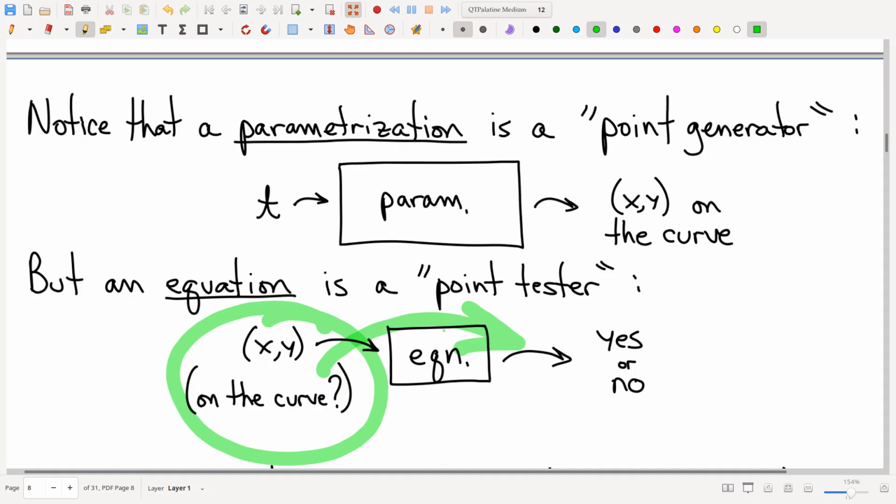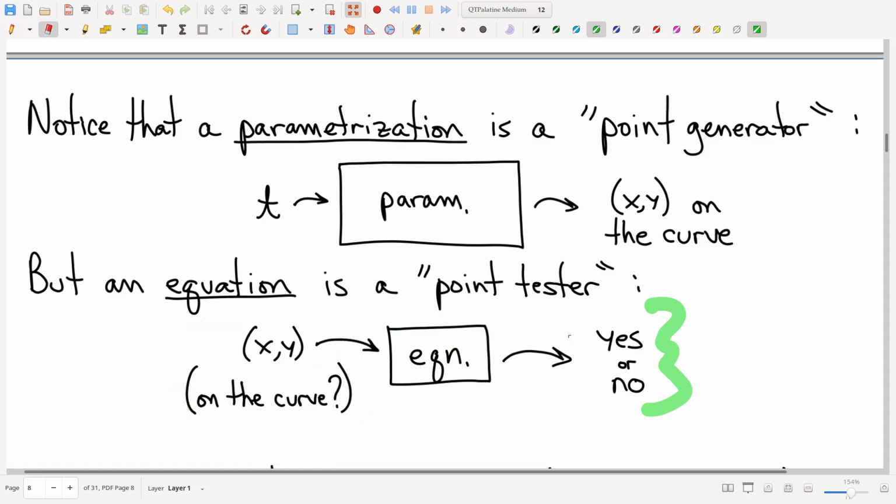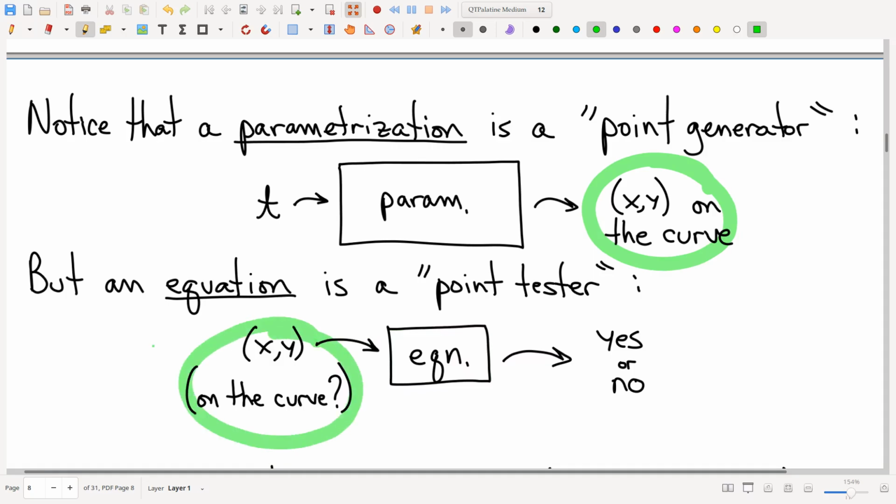It either does or it doesn't. If the equation works, then yes, that point's on the curve. If the equation fails, then no, that point is not on the curve. So you see the difference: points relate to parameterizations as outputs, and to equations as inputs. Okay, let's keep that in mind.